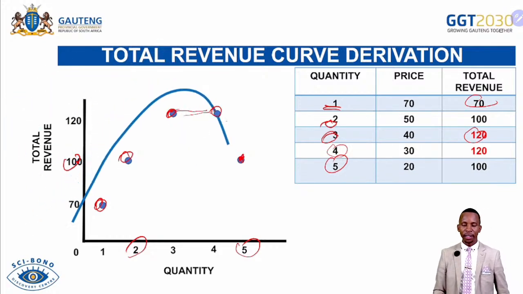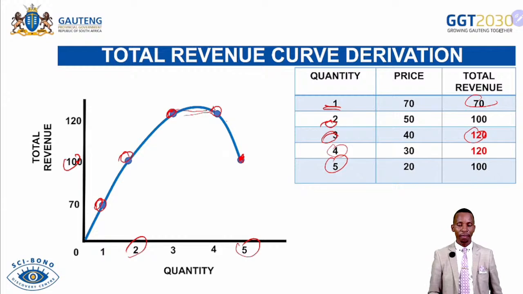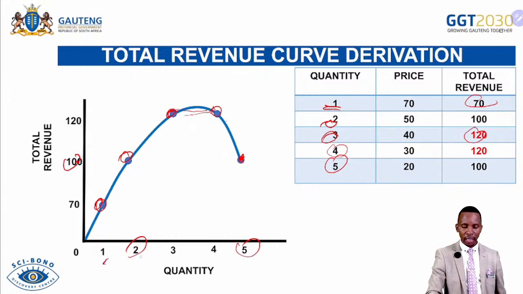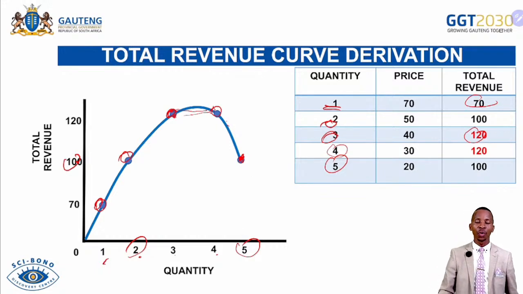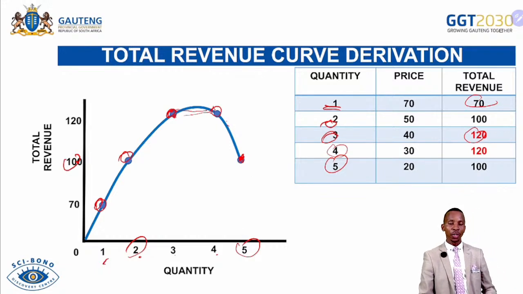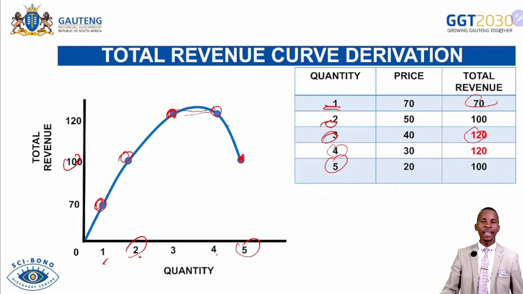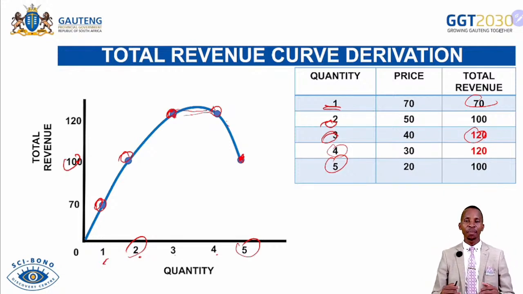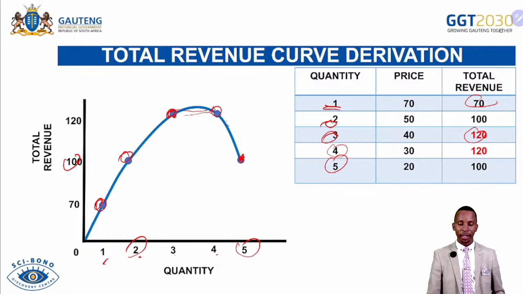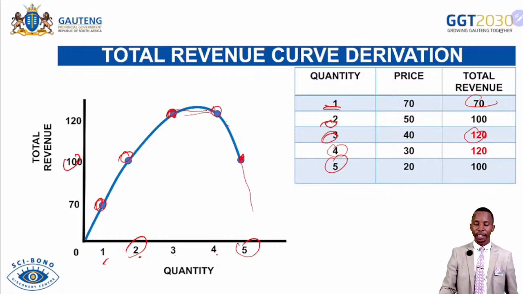It increased from quantity 1, to 2, to 3, then remained at 120 at quantity 4, and then declined to 100 because it was already maximized. It can even go down to 0 if it keeps on decreasing.